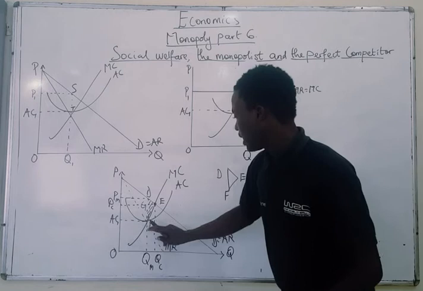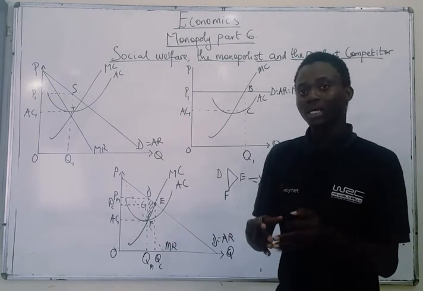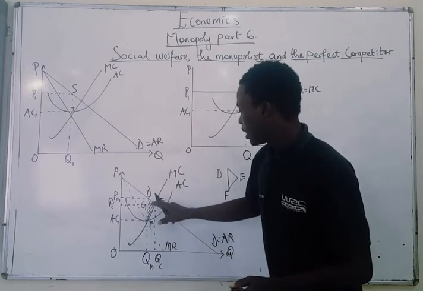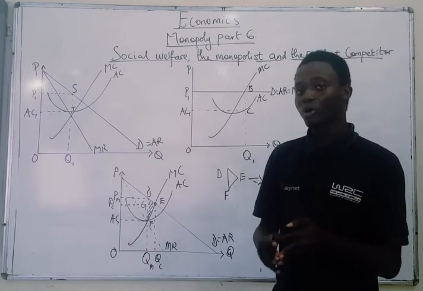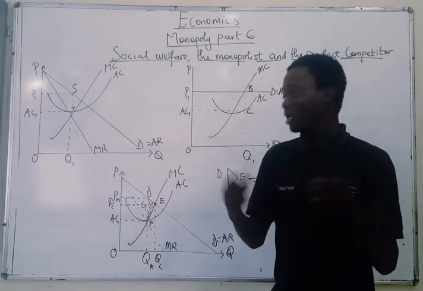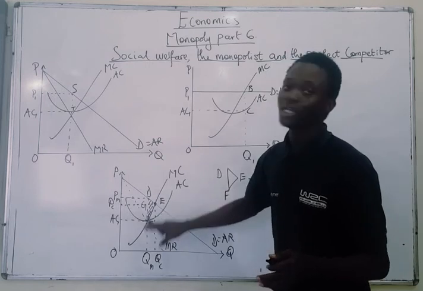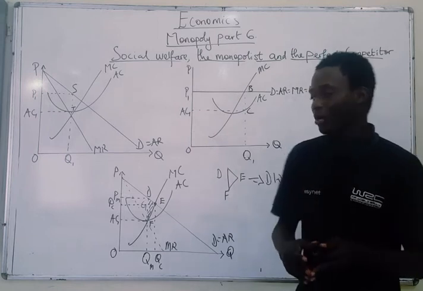So we have FEG representing the producer surplus that would have occurred if this firm were a private competitor. Then we have triangle DGE, which is simply the consumer surplus that would have occurred if this firm were a private competitor. But then there is this loss in consumer surplus and this loss in producer surplus simply because of what the monopolist is doing.